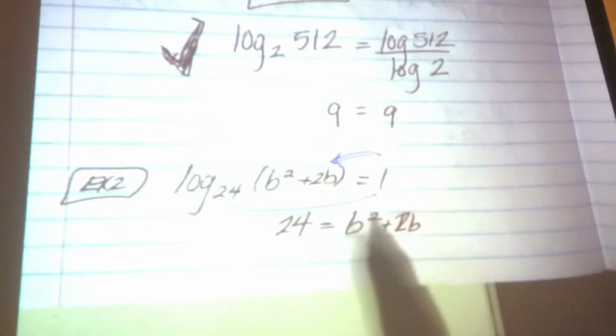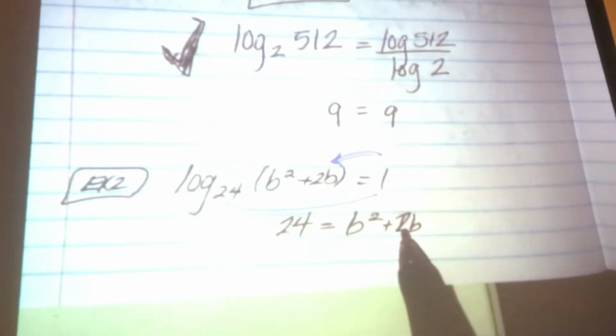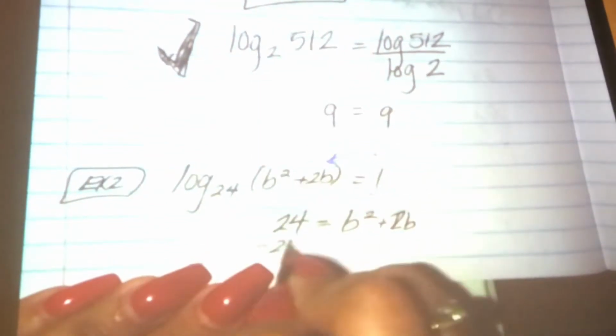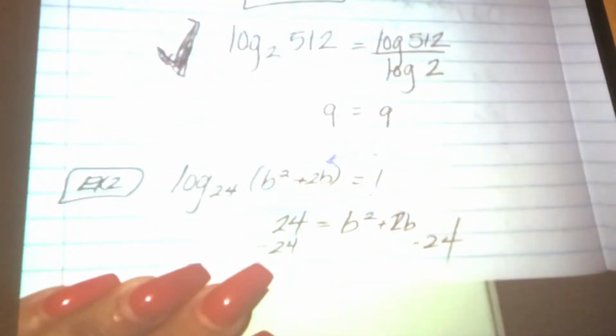Notice here I have a square and I have a linear, so I'm going to need to factor. So you're going to have to subtract 24 on both sides. And you get b squared plus 2b minus 24 equals 0.